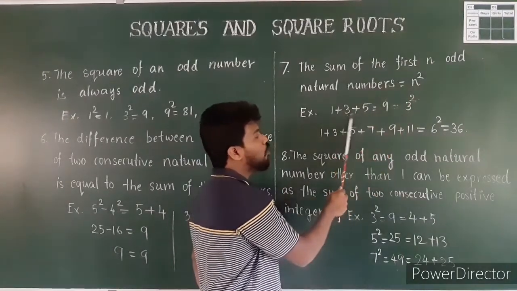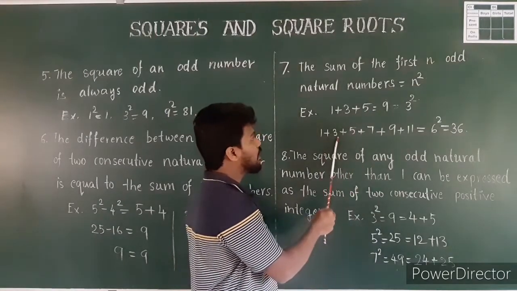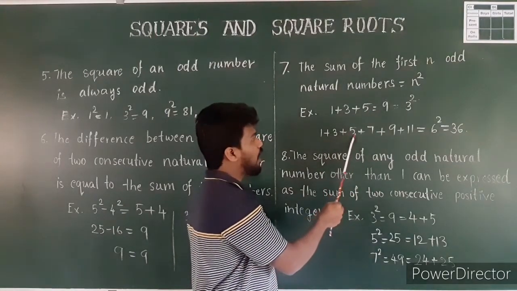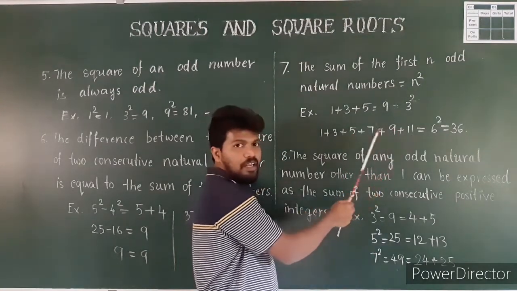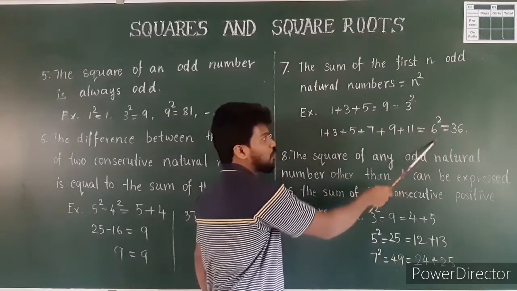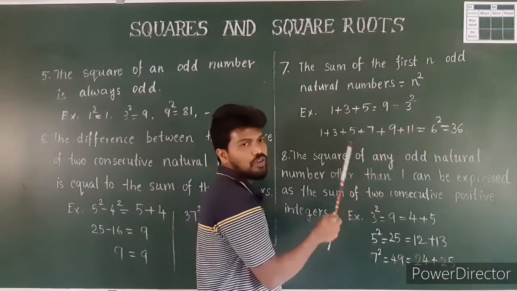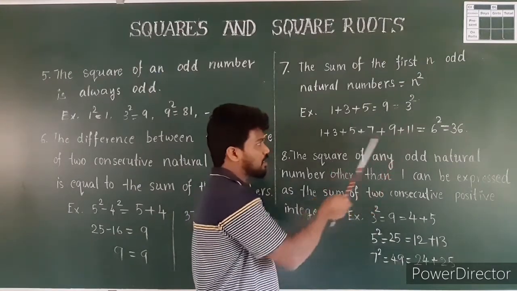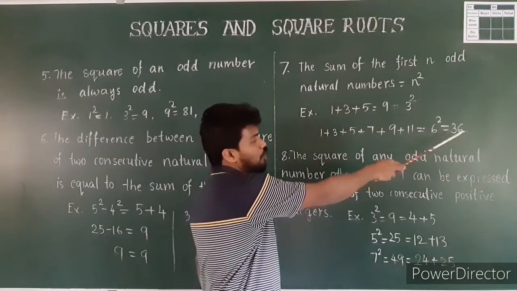Similarly, 9 plus 9, 18, 7 plus 11, 18, 18 plus 18 you get 36. So that is equal to 6 square. So the sum of the first n odd natural numbers is equal to n square.